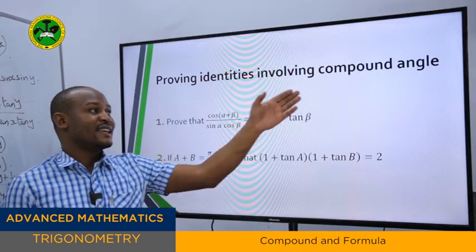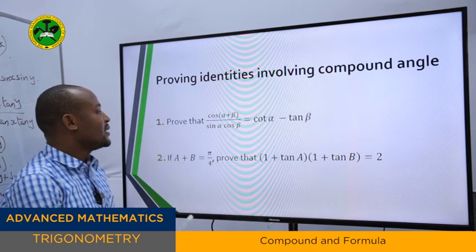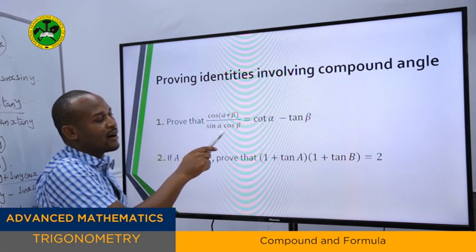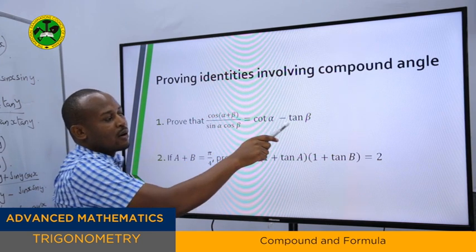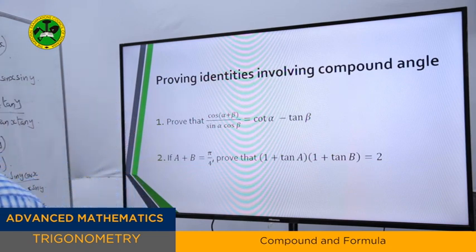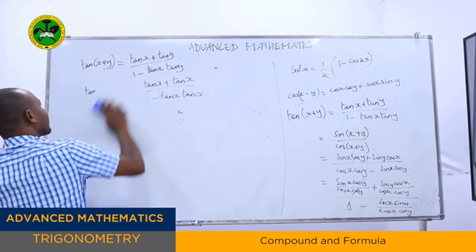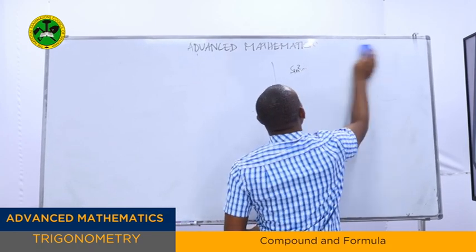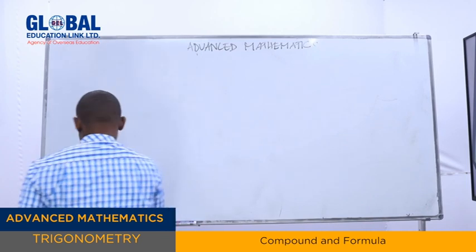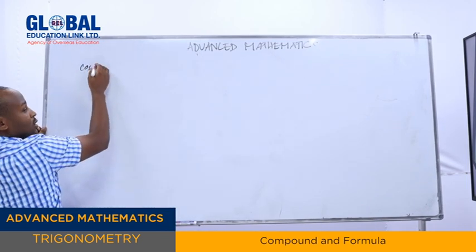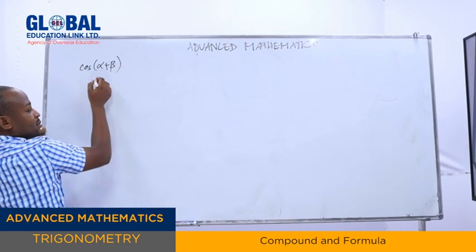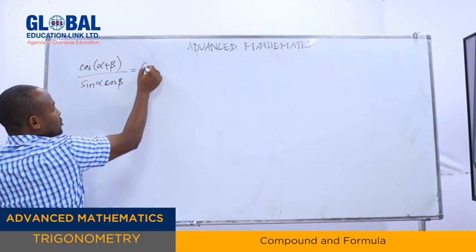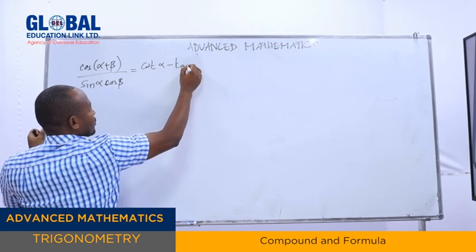Now let's prove some identities here. We are told to prove that cos(alpha + beta) over sin alpha cos beta is equal to cot alpha minus tan beta.